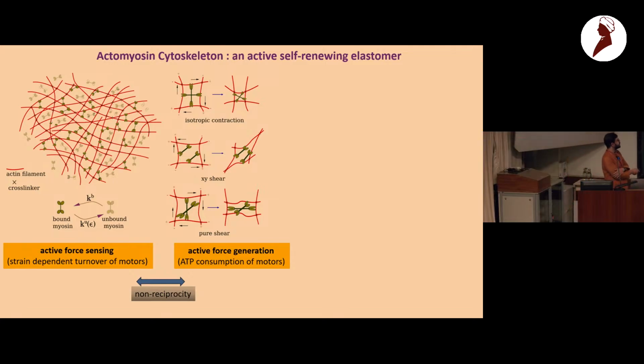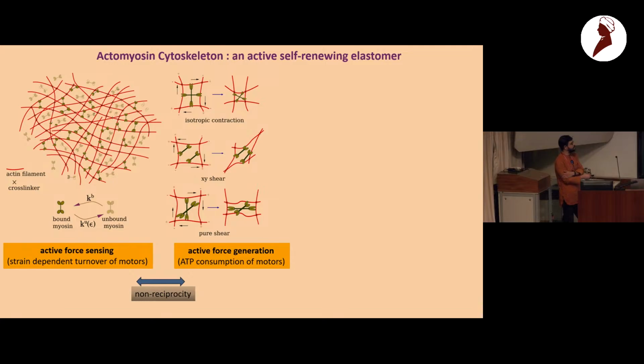So there are two components of this role of activity here. Activity can be in terms of force sensing, like through this dependence on strain, and this is the general notion of activity, that it generates force. These two aspects of activity in this system are actually independent of each other.